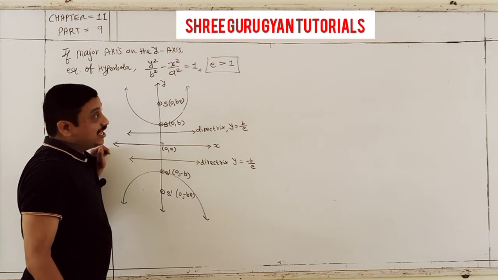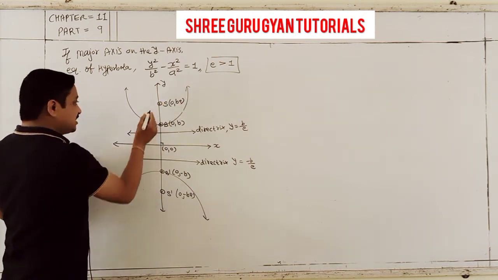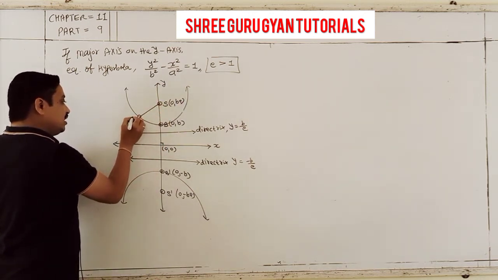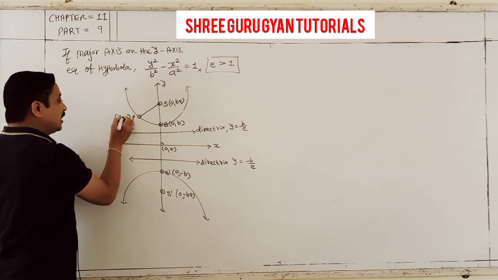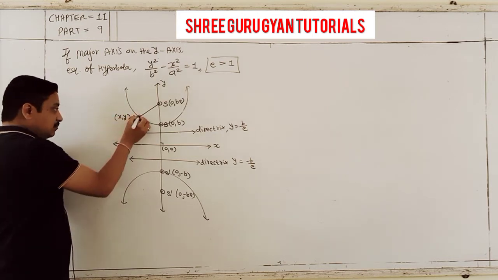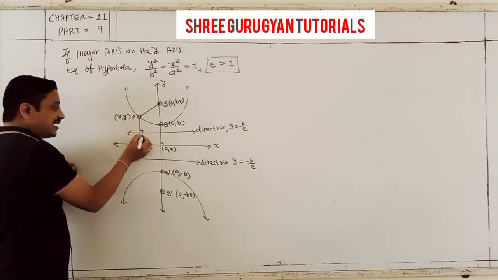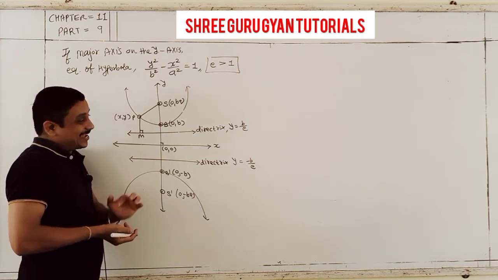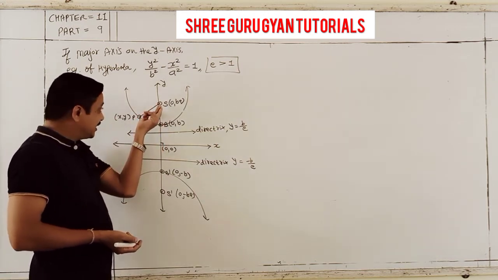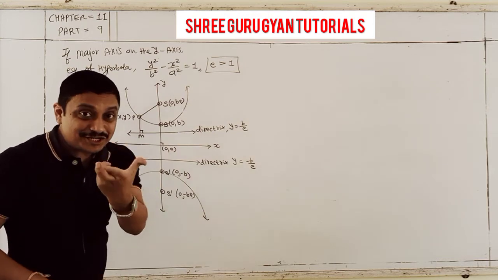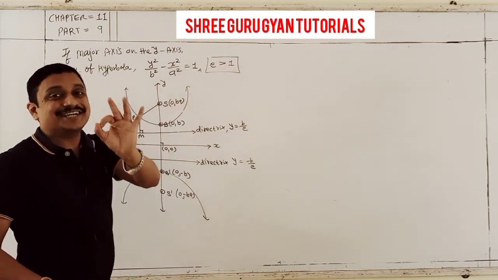Now the eccentricity e, more than one. You know the eccentricity: from the focus to any point P on the hyperbola, and the perpendicular from P to the directrix, the ratio SP upon PM is your eccentricity.